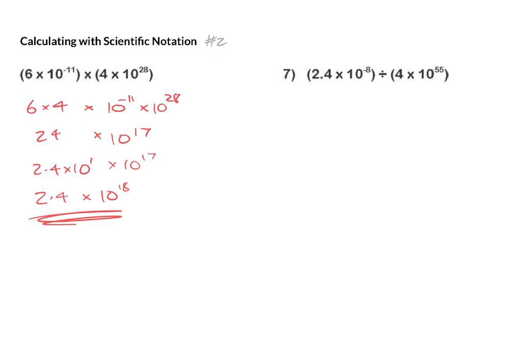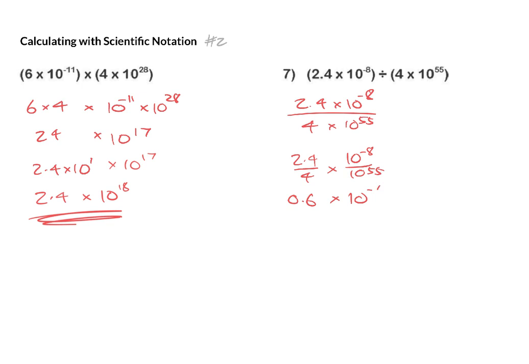The next one I'll do is the division, as we saw on the previous screen. So 2.4 times 10 to the negative 8 over 4 times 10 to the 55. 2.4 divided by 4, multiplied by 10 to the negative 8 over 10 to the 55. 2.4 divided by 4 is 0.6. 10 to the negative 8 minus 55 is going to be 10 to the negative 63.